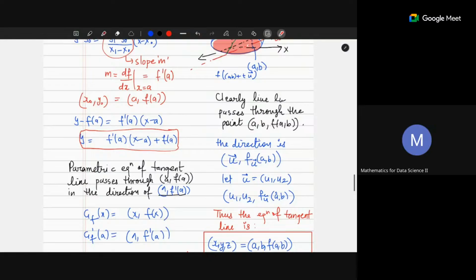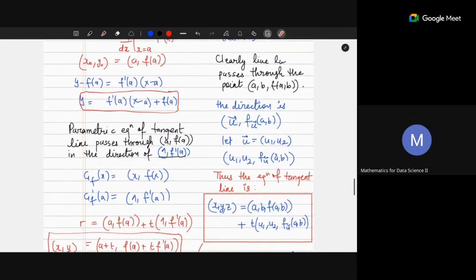In the place of the first derivative, we will have the gradient of the function, as you may expect. And this scalar product turns out to be the dot product in the case of higher dimension.